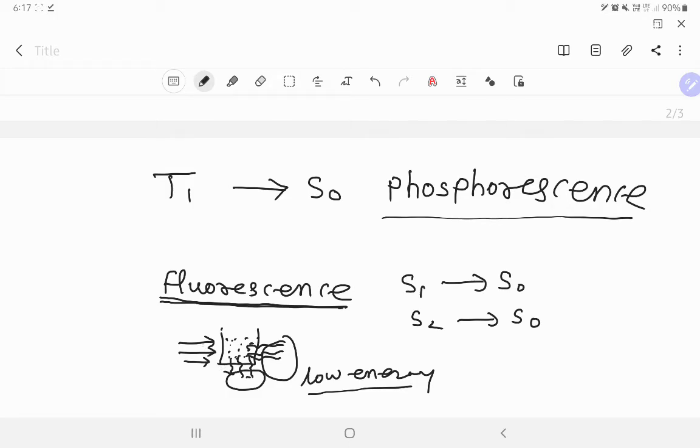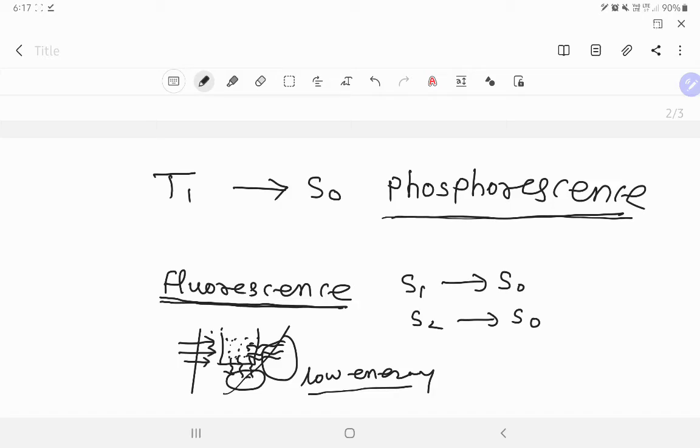But as soon as the excitation source is cut off, the fluorescent emission also stops because these are very fast processes. But in phosphorescence, the phenomenon continues.